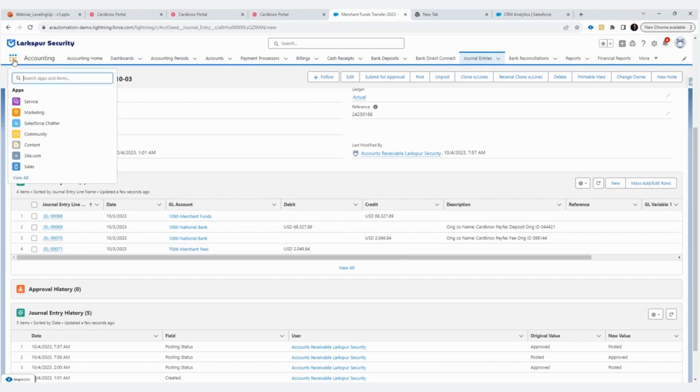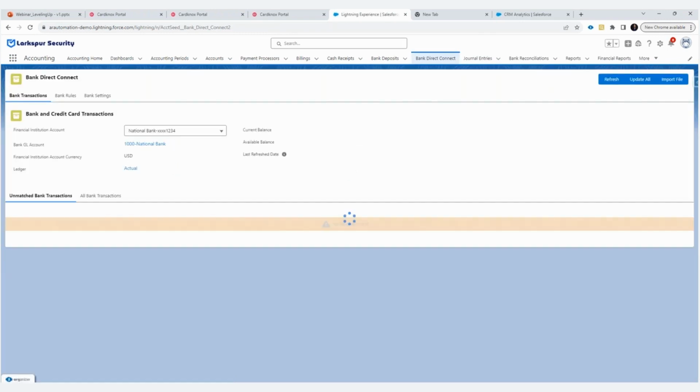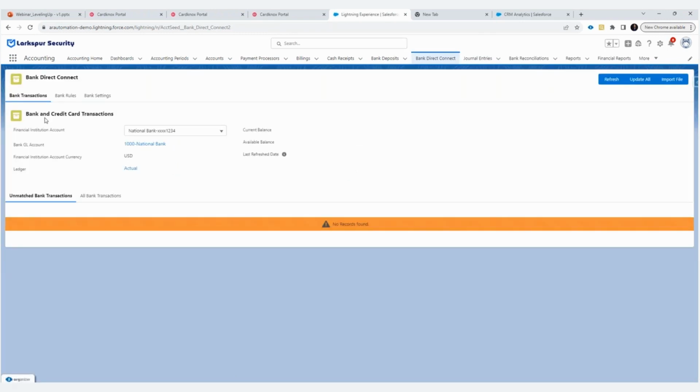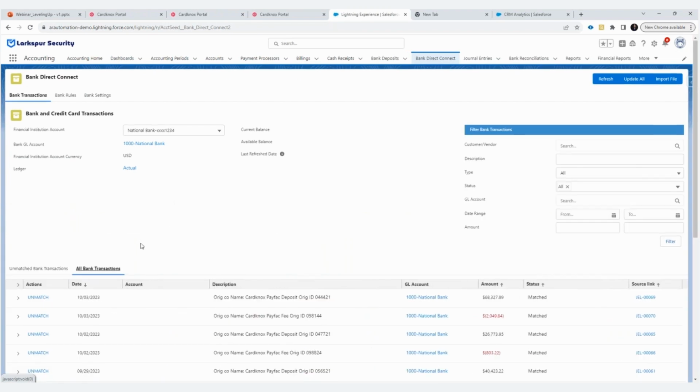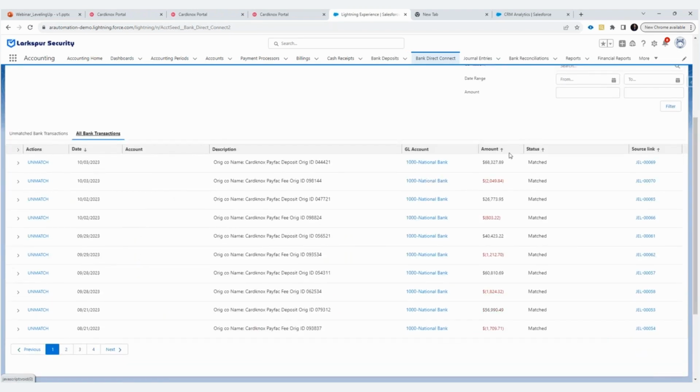So if we go to Bank Direct Connect, we will see that the next time you download transactions, you can go to your All Bank Transactions tab, and you will see those transactions will have come in automatically from the bank and have been matched automatically. And there's a source link back to that journal entry that we were just looking at.